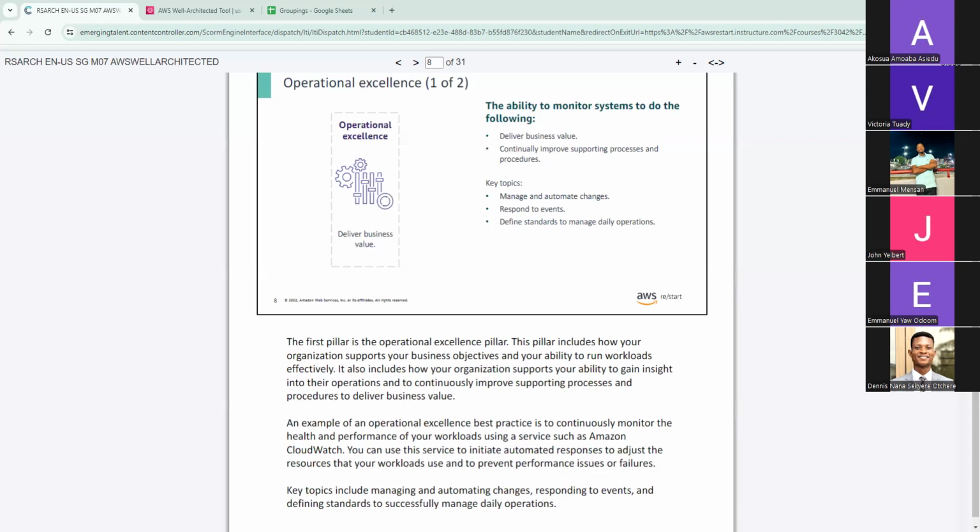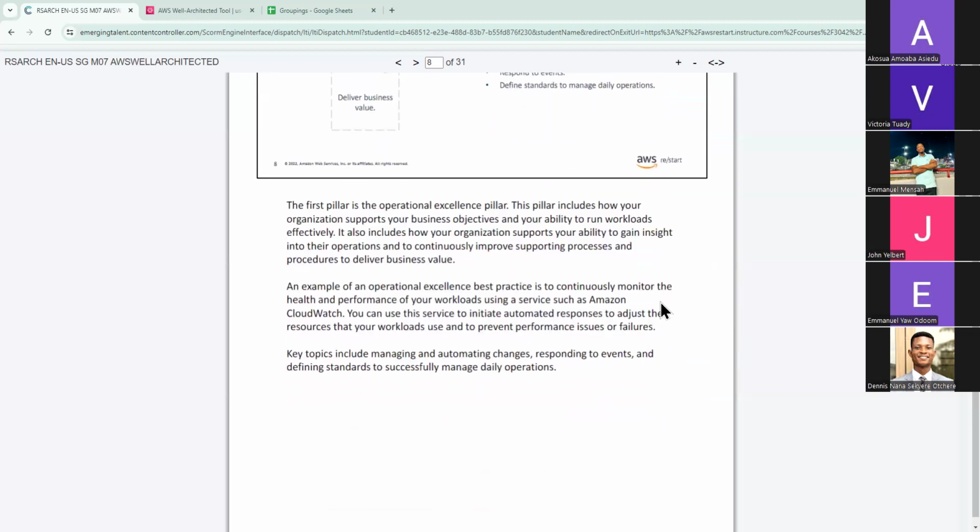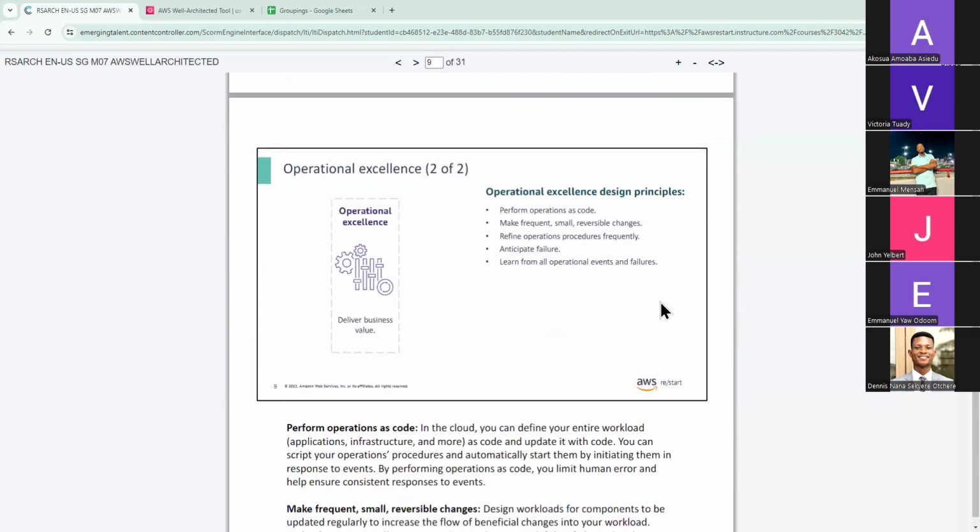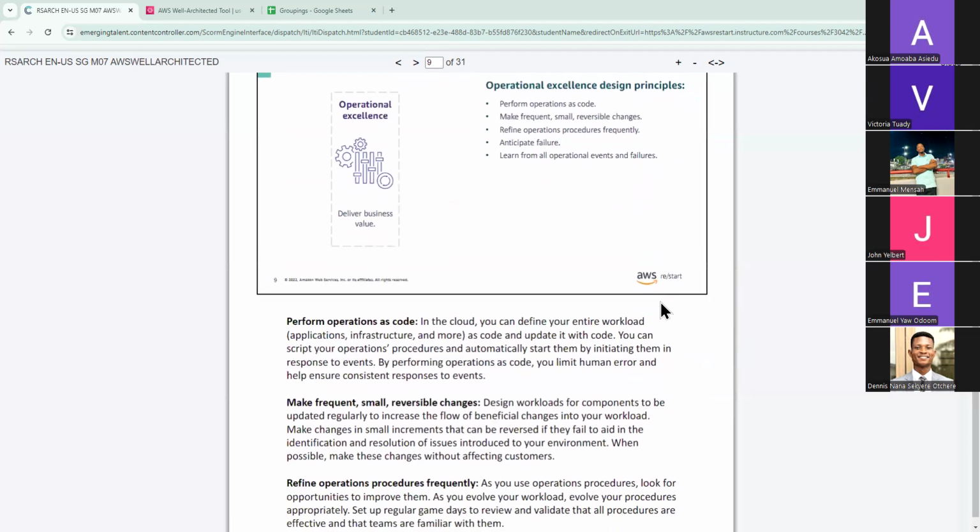Those things are happening behind the scenes. And as John mentioned, every company has operations that they perform to be able to meet their business goals. So, perform operations as code.